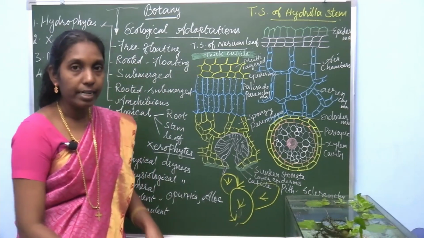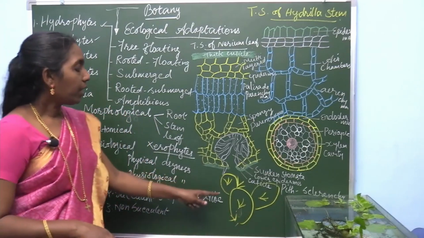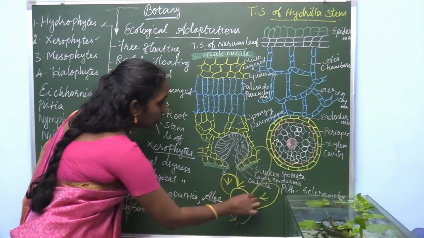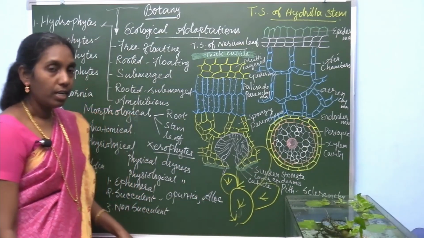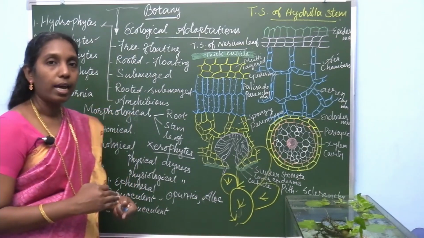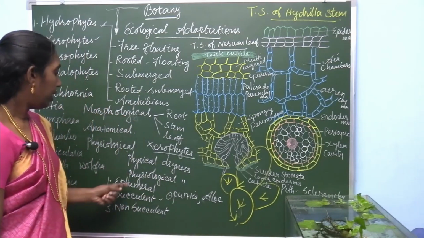It goes very deep into the soil in search of water. Compared to the shoot system, the root system is well developed, and the root cap is also well developed.